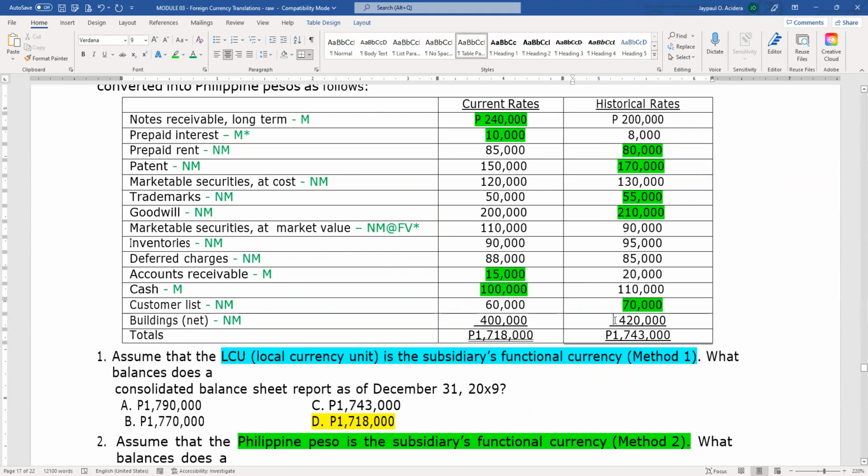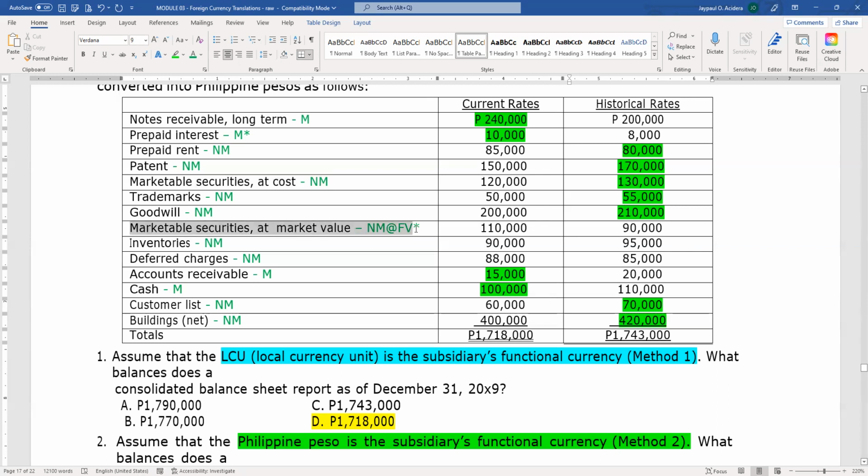And also our fixed assets, generally they are non-monetary at cost unless revalued yan. So walang sinabi, we assume at cost. Okay, may kulang pa. Ito, marketable securities, non-monetary at cost. Therefore, historical rate yan.